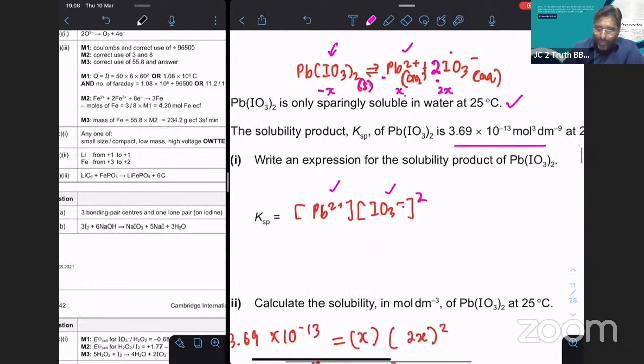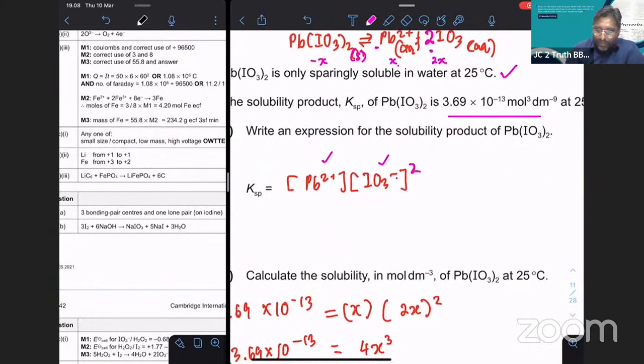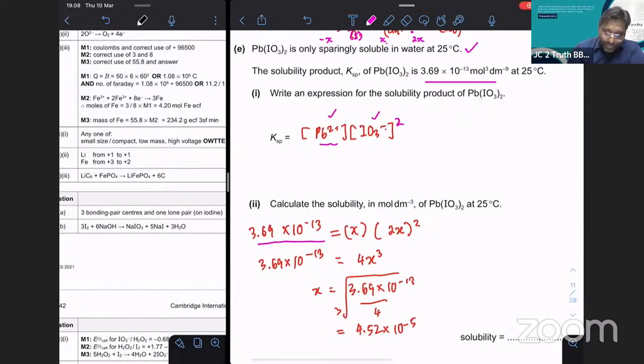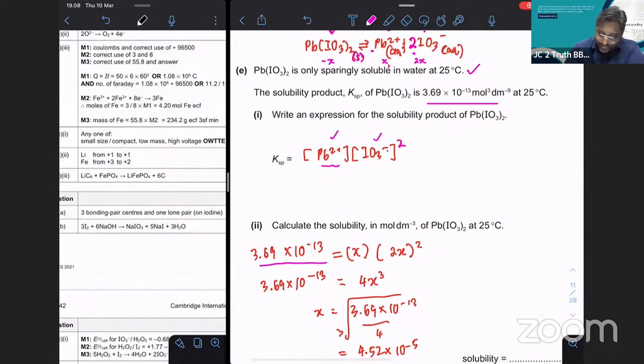If I put it over here, you can use the Ksp value, 3.69 times 10 to the power of negative 13. The concentration of Pb2 plus is x, so I just put x, and the concentration of IO3 minus is 2x, double this, so I put 2x to the power of 2.